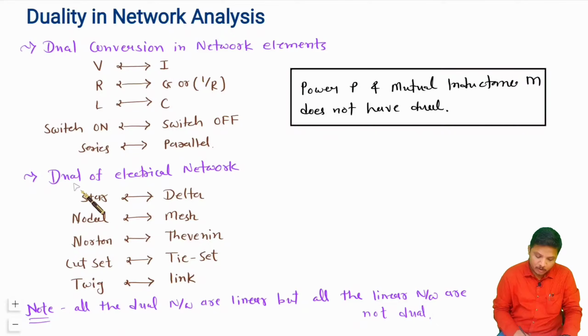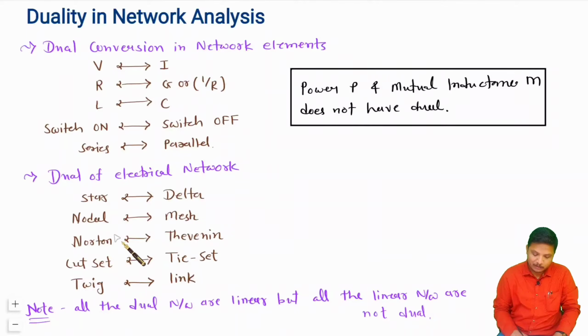Now when we talk about the dual of an electrical network, star connection has the dual delta and vice versa. Nodal analysis gets converted into mesh analysis and vice versa. Norton's equivalent circuit is the dual of Thevenin's. In Norton's equivalent circuit, you have a current source in parallel with a resistor, and in Thevenin's equivalent circuit, we have a voltage source in series with a resistor.